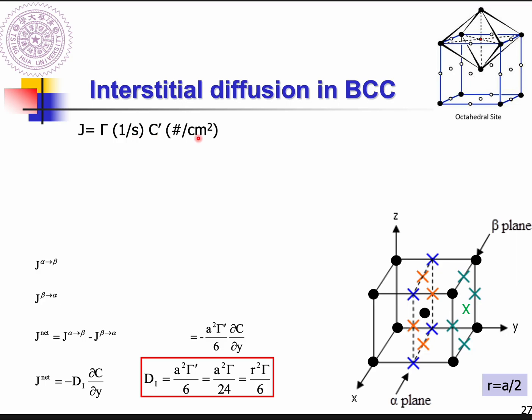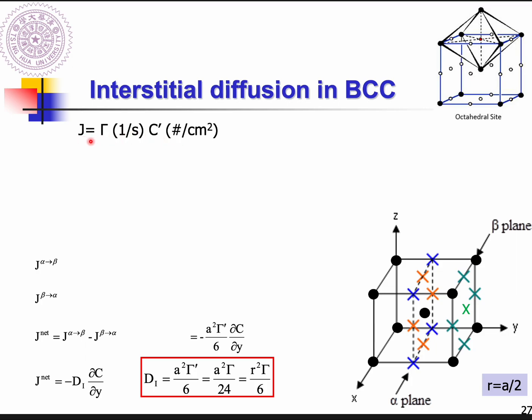Then let's do the unit check. Is the number of atoms passing through unit area and unit time the same unit, right? So the flux can be rewritten as equal to gamma, the total jump rate, times area density.